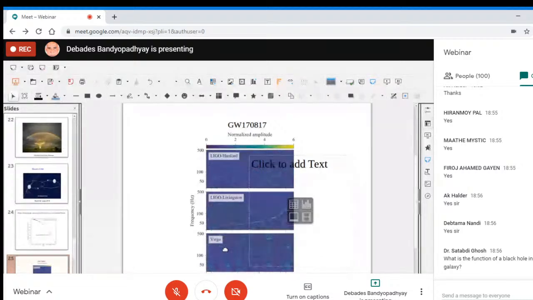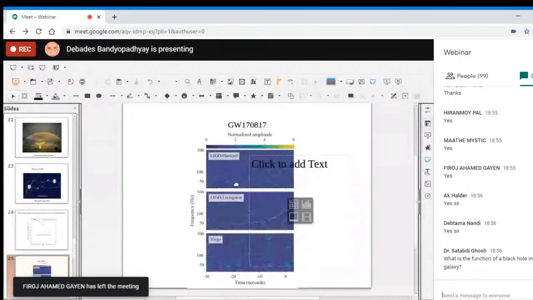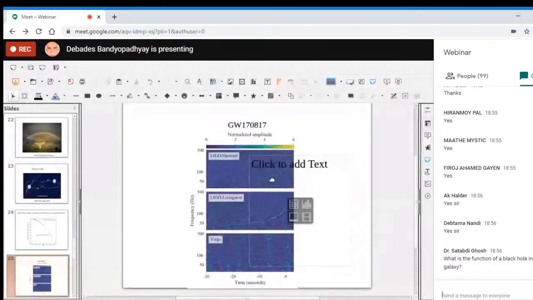This is located near Pisa. So you can very faintly see this signal just before the merger. What is happening is they are going close by, spiraling around each other, and you get that signal.